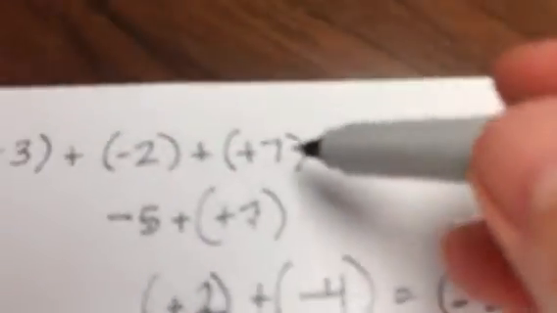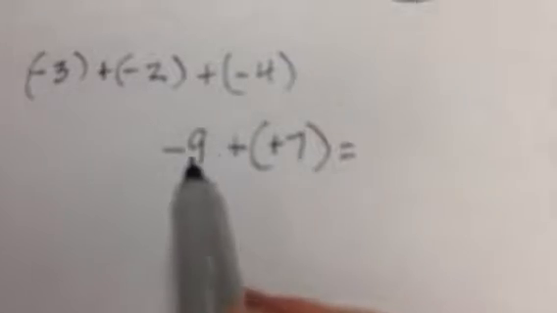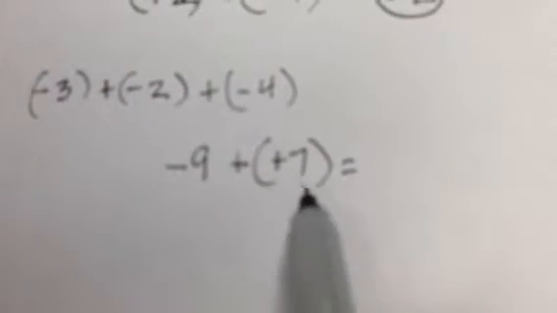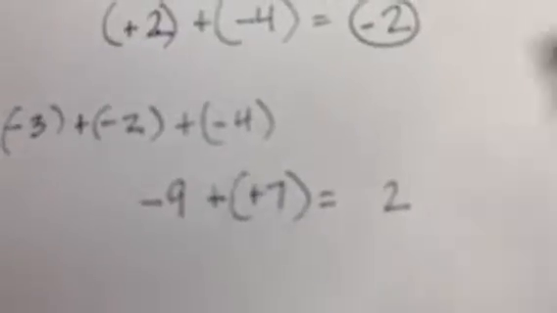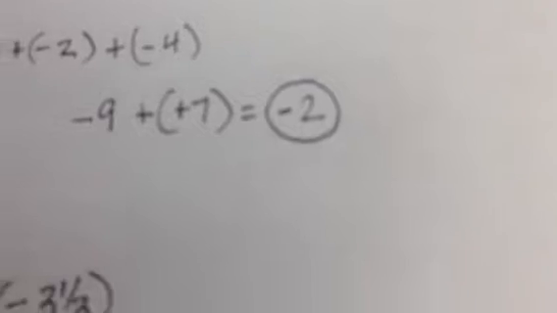Now, plus positive 7. I'm still going to think, what's the difference? Because I have opposite signs. 9 minus 7 is 2, and the biggest number is 9, so I'm going to use the negative sign, negative 2.